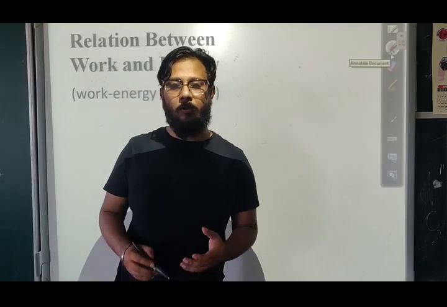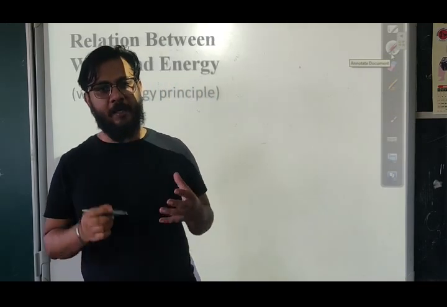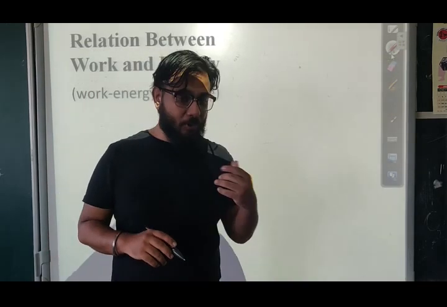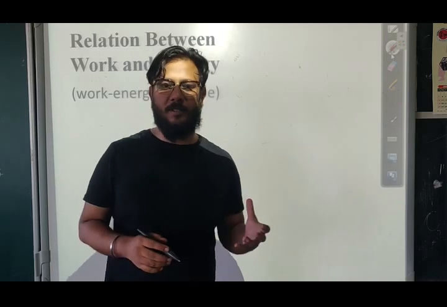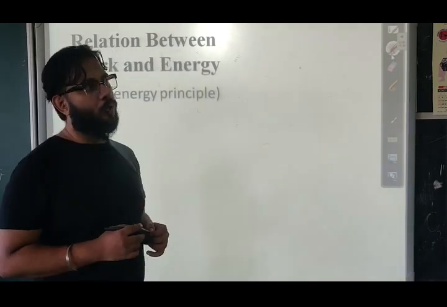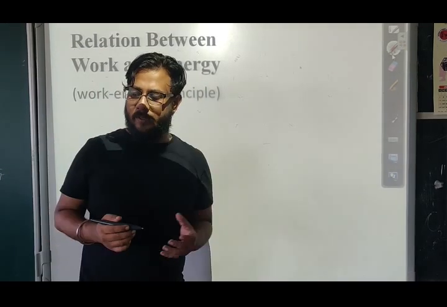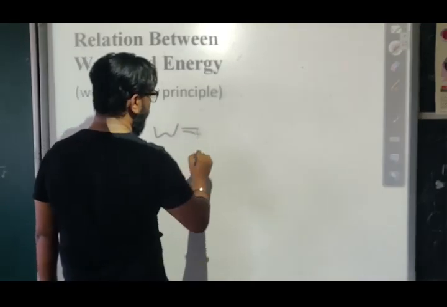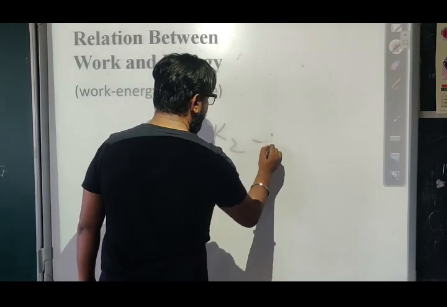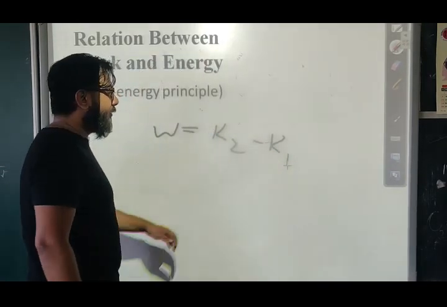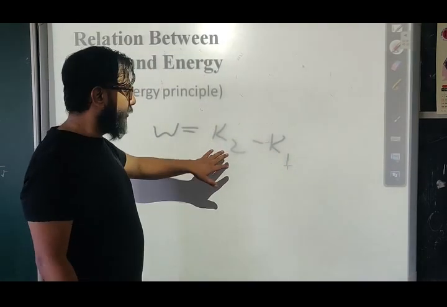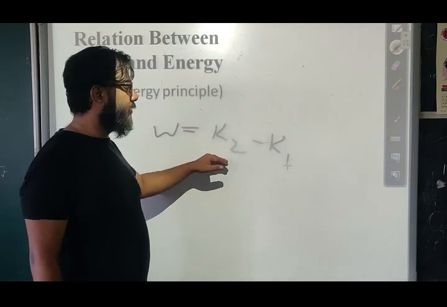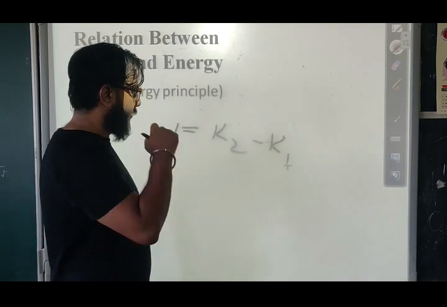Now let's talk about the relation between work and energy. We also know it as the work energy principle. What it talks about is, work done is equal to K2 minus K1, that is, final kinetic energy minus the initial kinetic energy.